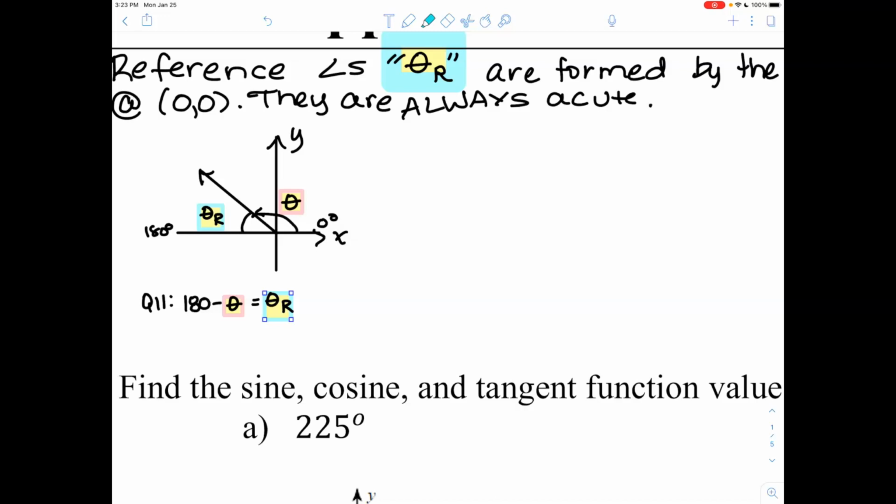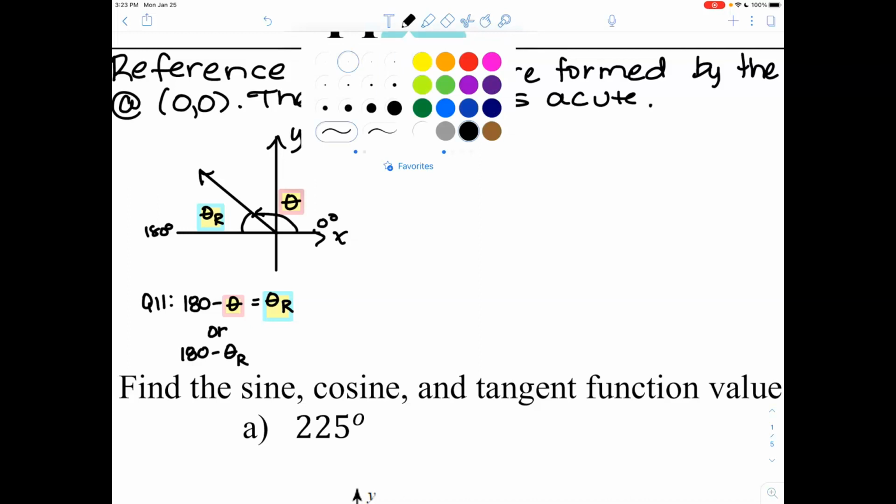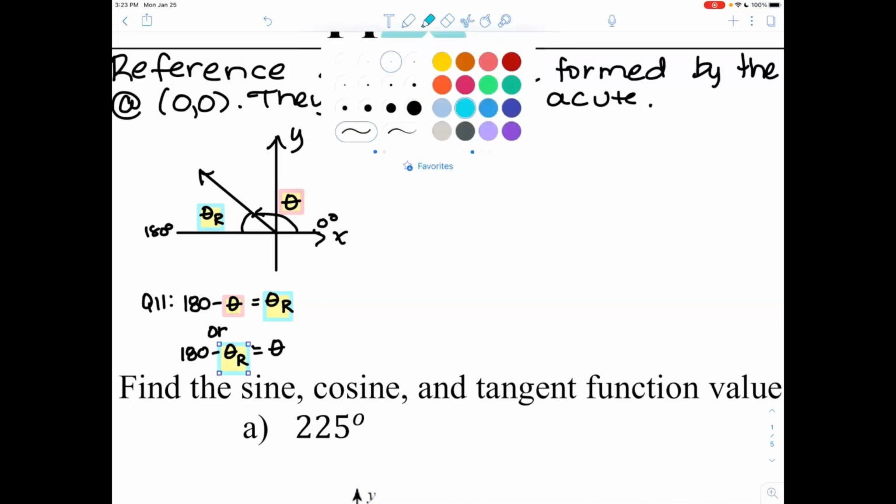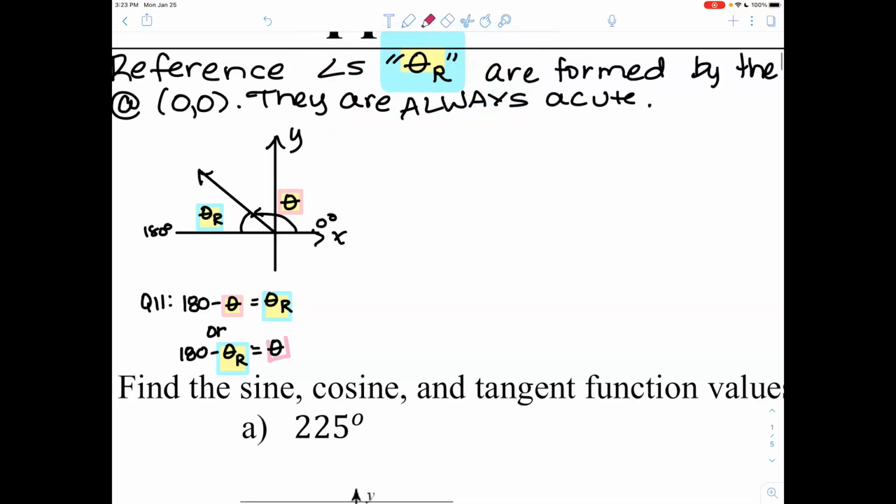Now sometimes it's useful instead to take 180 degrees and subtract the theta reference, and that is going to give you your theta. So I'm just going to go back and highlight those. So that's useful information that we're going to use in a little bit.